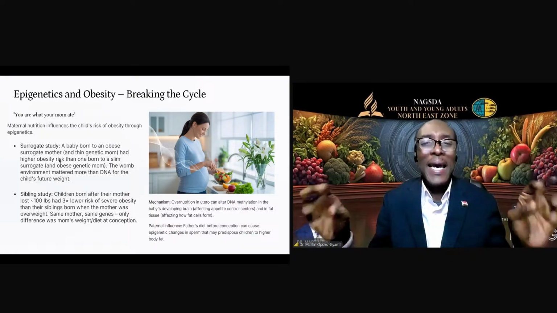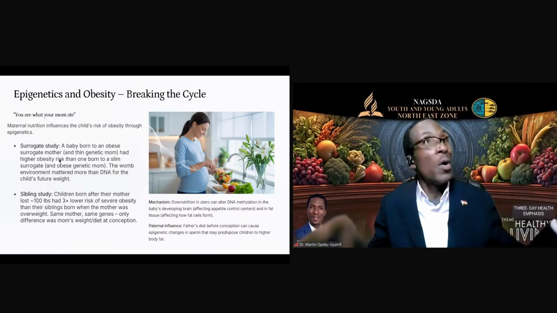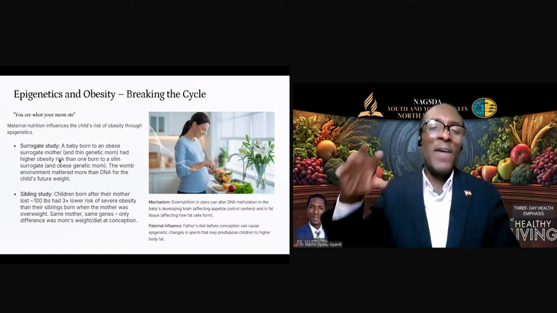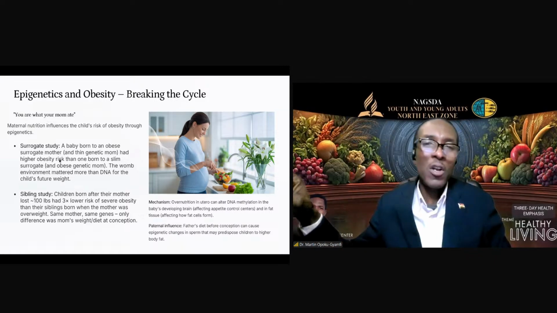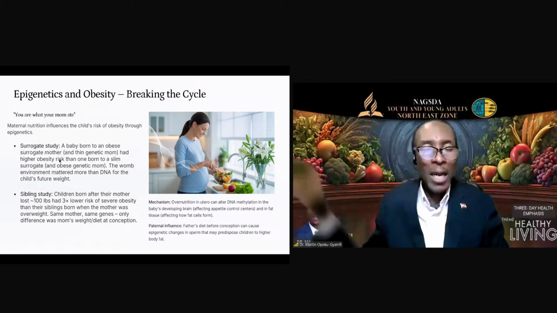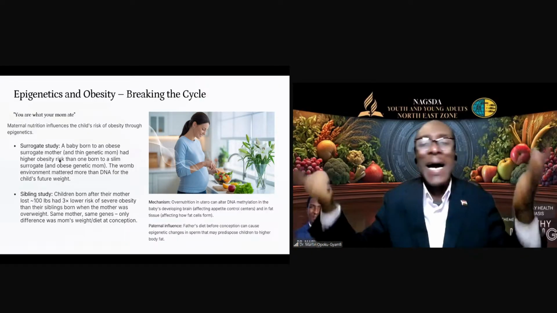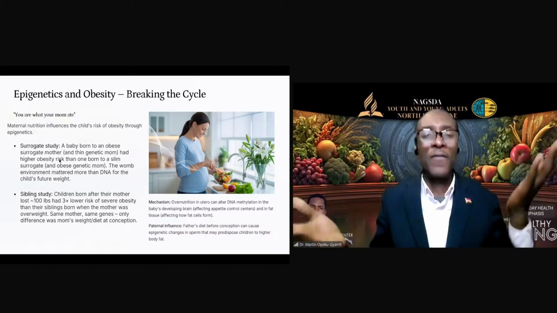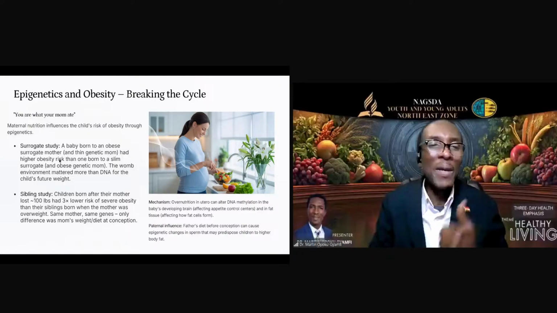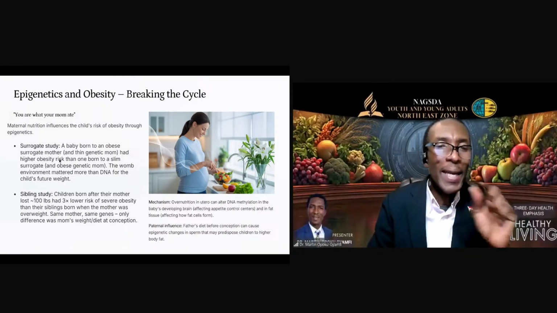They compared the children who were born while the mother was obese versus the children who were born after the weight loss surgery or after the mother lost weight. And then they looked at their risk for obesity in the future. And what do you think happened? So here, this is what the research says.